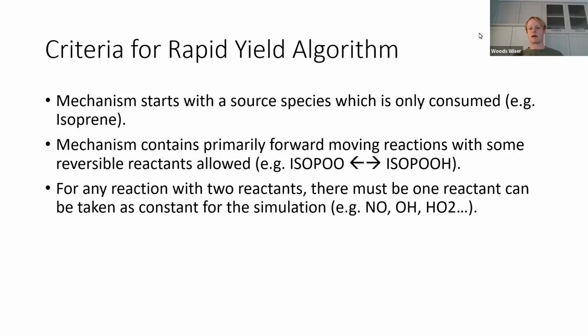You still might care about different concentrations of these species, but you're just assuming for your yield calculation that they're constant. If you want to know for different values, you have to do another yield calculation. But I think that's a suitable criteria for these types of species where, yes, they're influenced by the isoprene mechanism, but they're also very heavily influenced by external factors. So taking them as constant for a moment in time is not the worst thing.